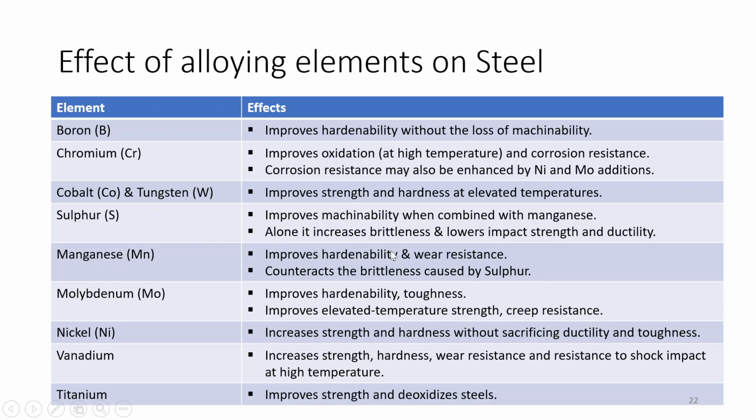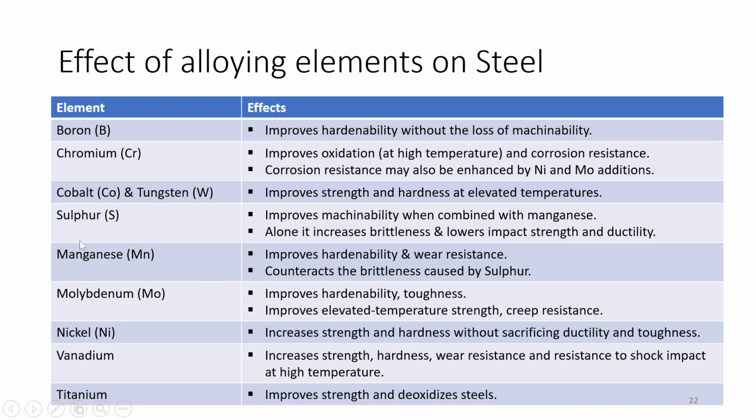Manganese improves hardenability, so instead of boron and nickel, you can replace it with manganese as well. In some of the steels, when you replace nickel with manganese, it doesn't provide very good corrosion resistance. In some of the steel you purchase, you'll see that after some time it corrodes. Some of the steels that you use as vessels in your kitchen are more likely to corrode in a few days.